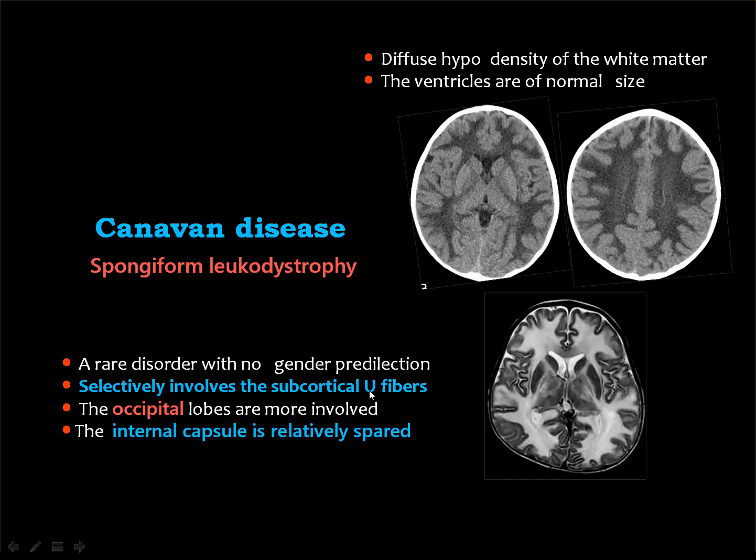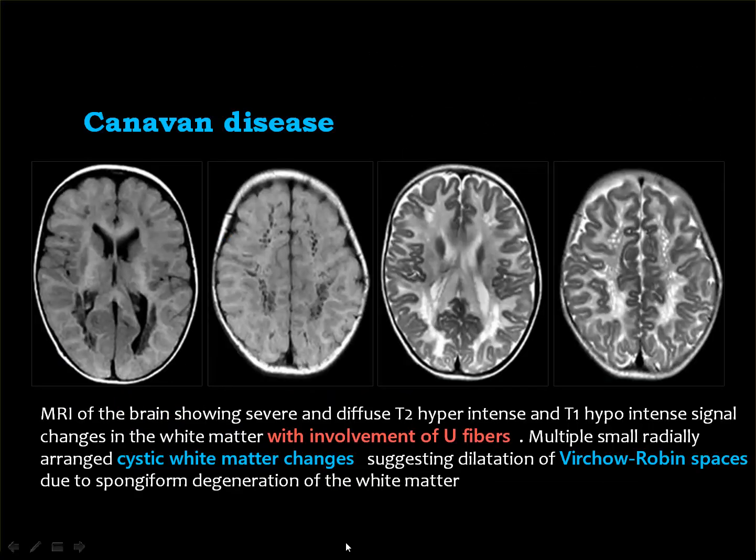The subcortical U fibers are involved by this disease, and it may start in the occipital lobes, and the internal capsule is relatively spared. The internal capsule is not usually affected in this disease. Then Canavan disease is the result of an enzyme deficiency which affects the synthesis of N-acetyl aspartate.